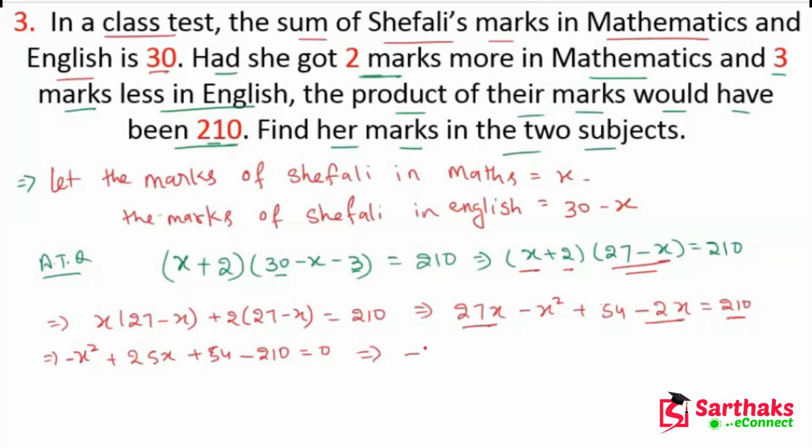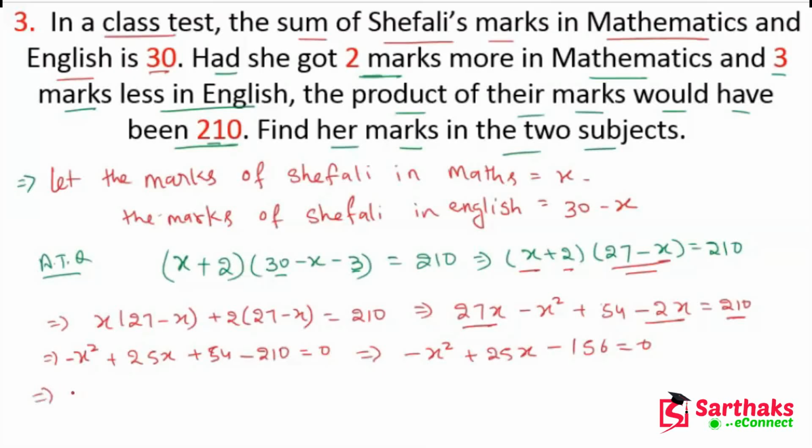So this is minus x square plus 25x, and if we solve this, it will become minus 156, equal to 0. Now we have to make the coefficient of x square positive.